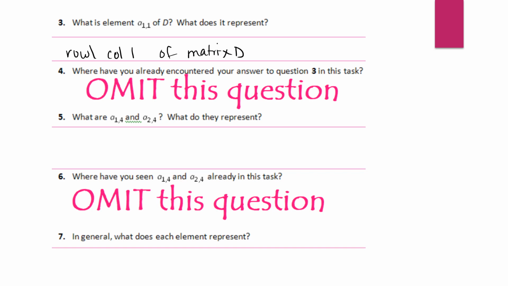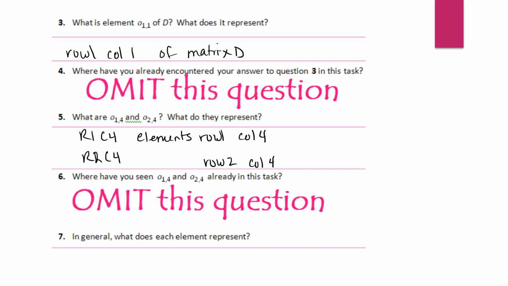What are row 1, column 4 and row 2, column 4, and what do they represent? They represent the elements of row 1, column 4 and row 2, column 4.